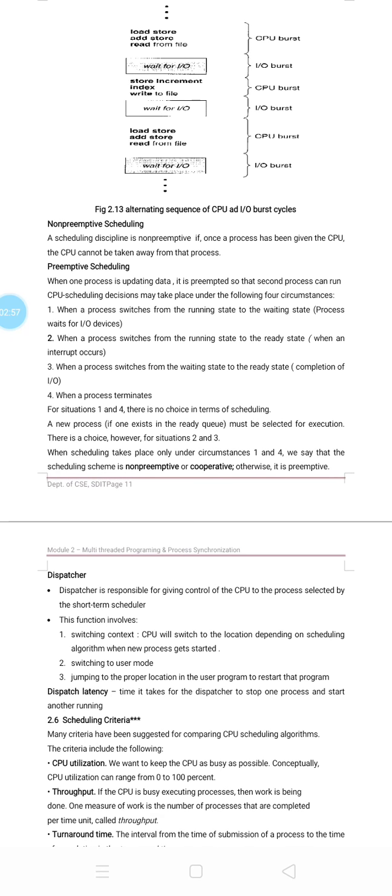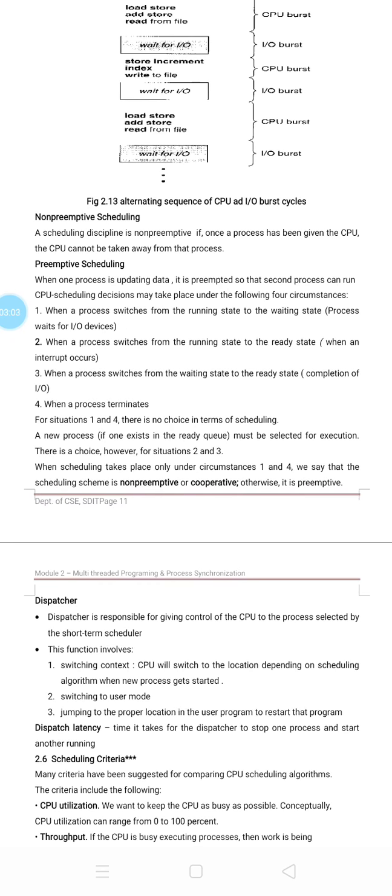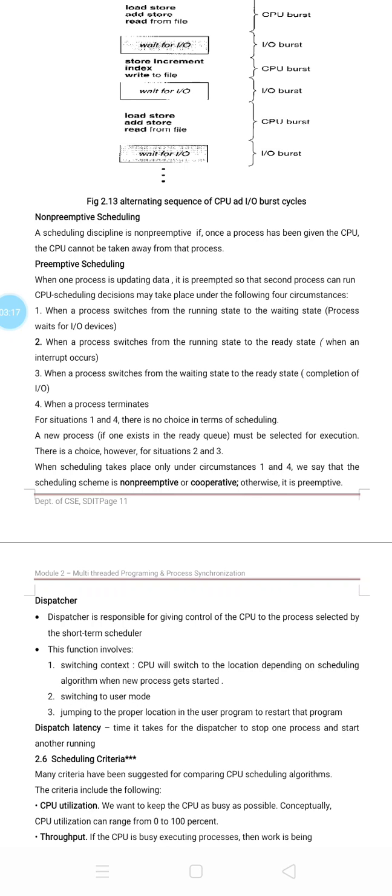Next we'll come to non-preemptive scheduling and preemptive scheduling. You must understand the meaning of preemptive and non-preemptive. In simple words, non-preemptive is one which cannot be stopped in between, you cannot forcefully stop it, whereas preemptive means you can forcefully stop or take something away.